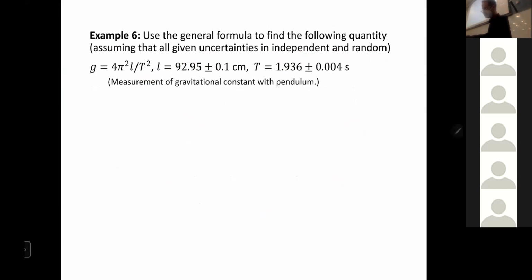Okay, so again, we have G equals 4 pi squared L over T squared. So G best, we would calculate just like we did before. We would just plug in the best values for L and T, and we should get 979 centimeters per second squared.